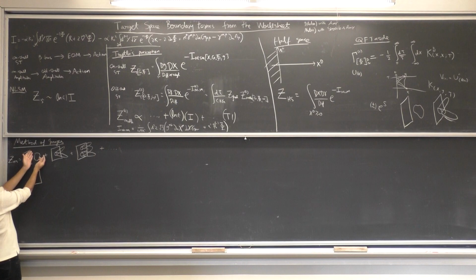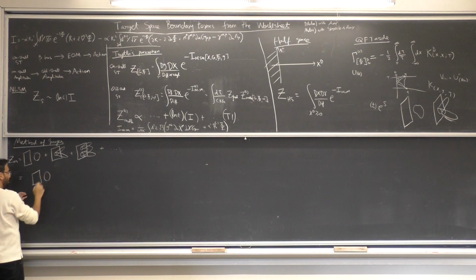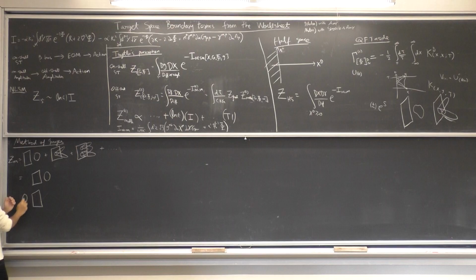And when you do that, if you consider a contribution coming from a worldsheet which is on the right side, or you reflect this worldsheet to the left side, since the target space fields are also reflected perfectly, mathematically this is equal to this. So this quantity you can replace by this plus half of this plus half of this.